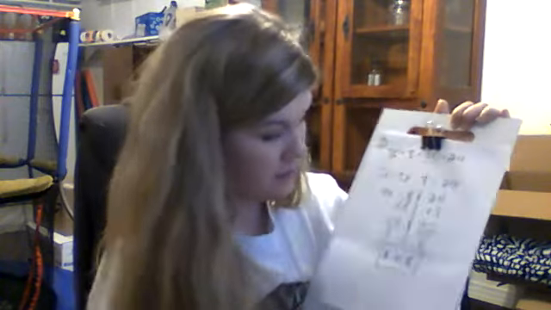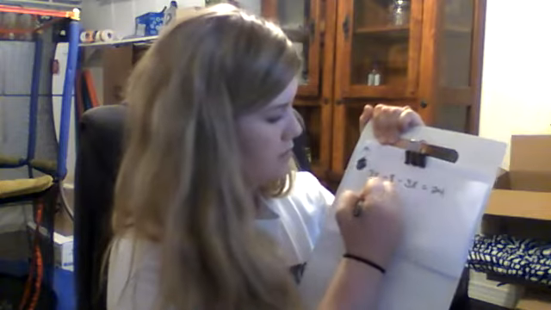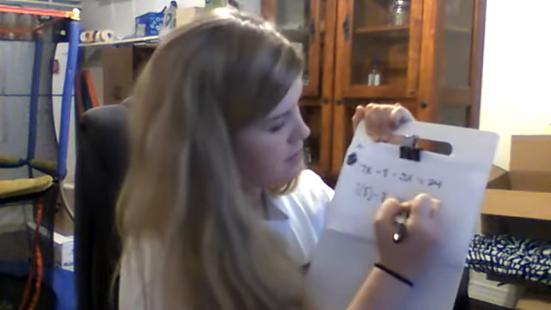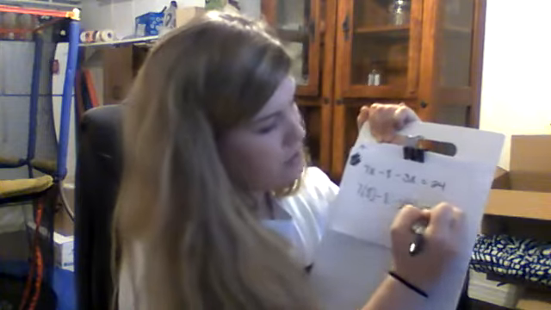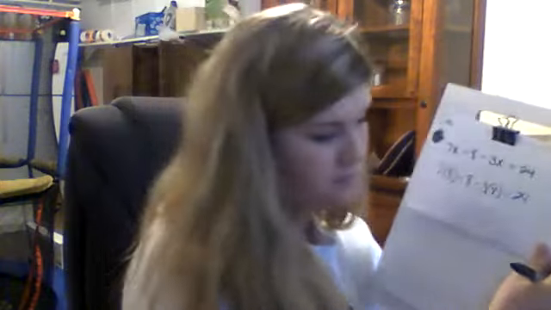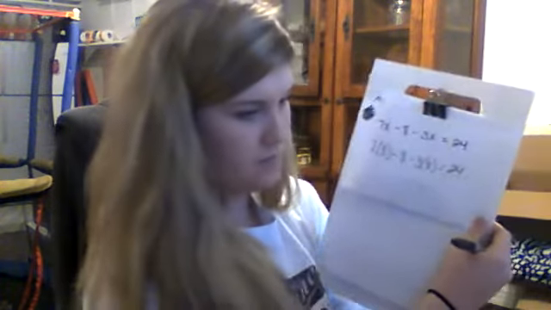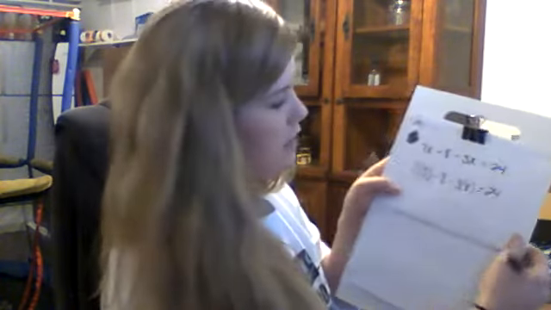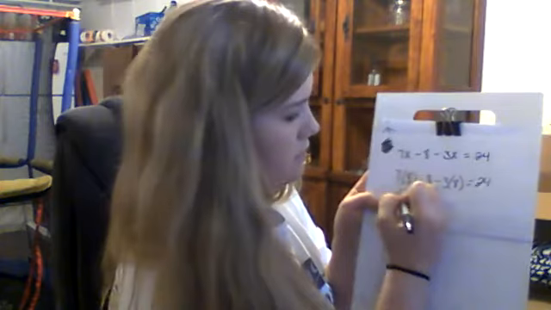Again, we need to double check our work. So we're going to plug in 8 for our x. So we have 7 times 8 minus 3 times 8 equals 24. 7 times 8 is 56.